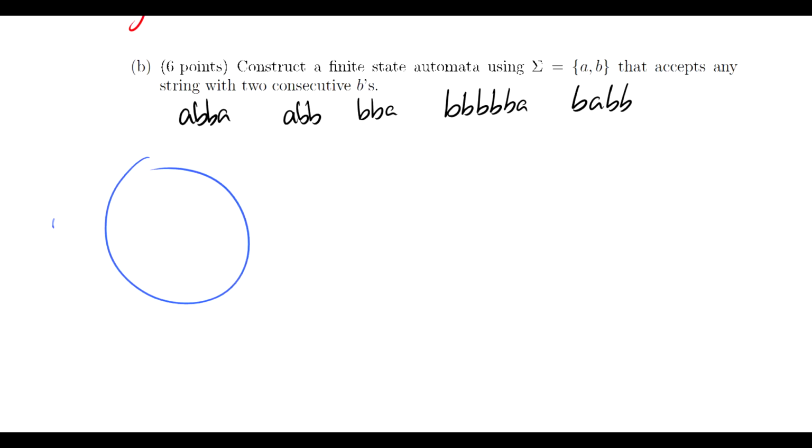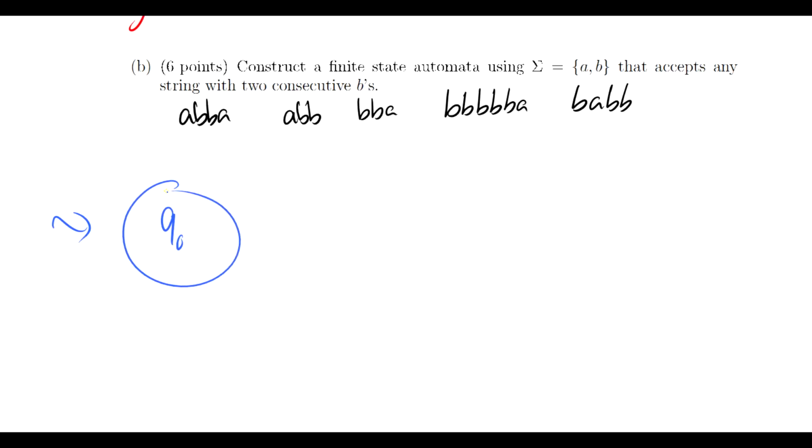So to start off our finite state automata, we need a start state. So we'll call this Q0. And what it's going to do is, when we get an A, it's just going to loop back to itself. So it's not going to accept anything with just an A, so it might as well loop back. When we get a B, because we need 2 consecutive B's, we have to track the B's.